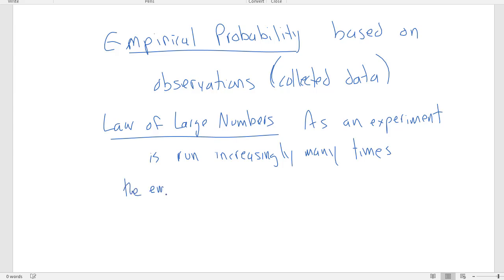The empirical probability, I'm going to get lazy, empirical prob approaches the theoretical or classical. Right?